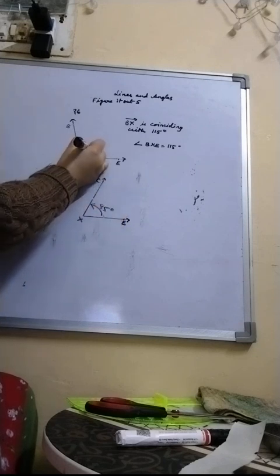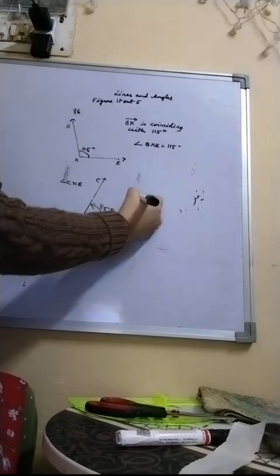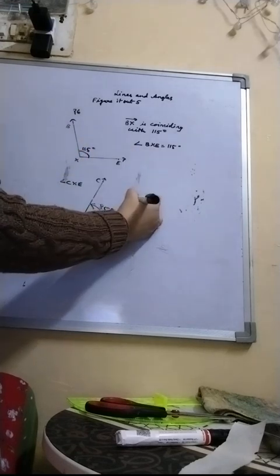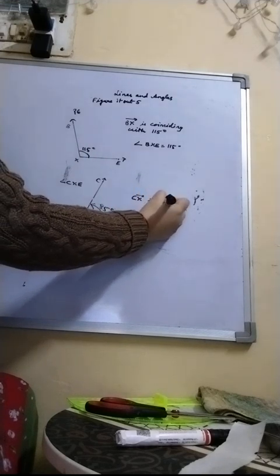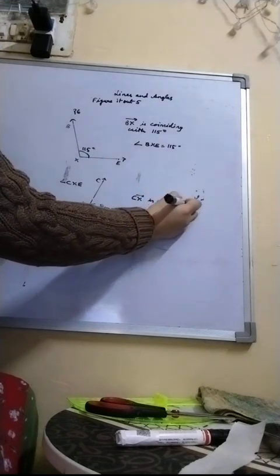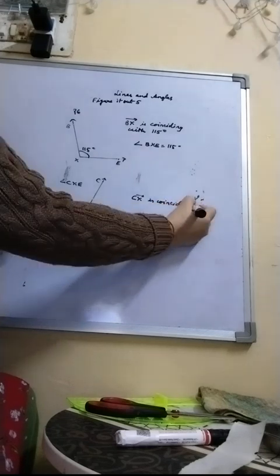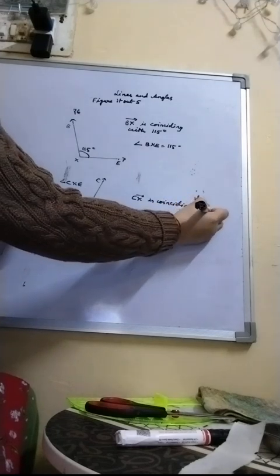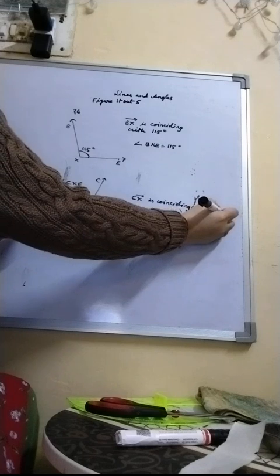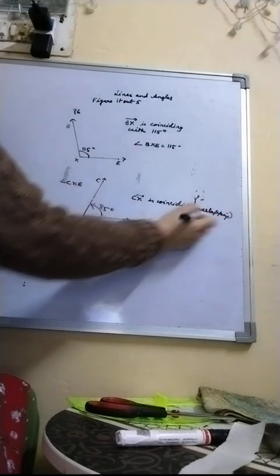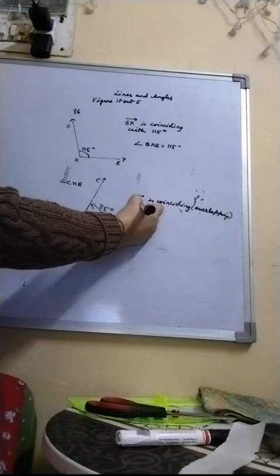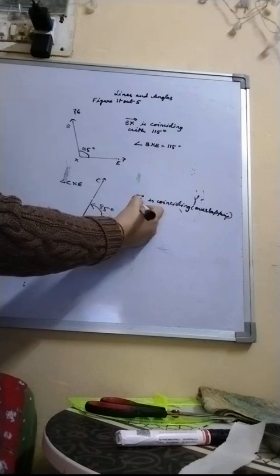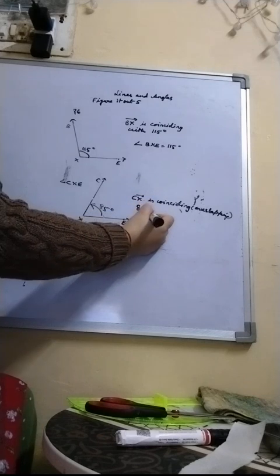Here the measure is 115 degree. So you can say that CX is coinciding, coinciding means overlapping, with 85 degree.